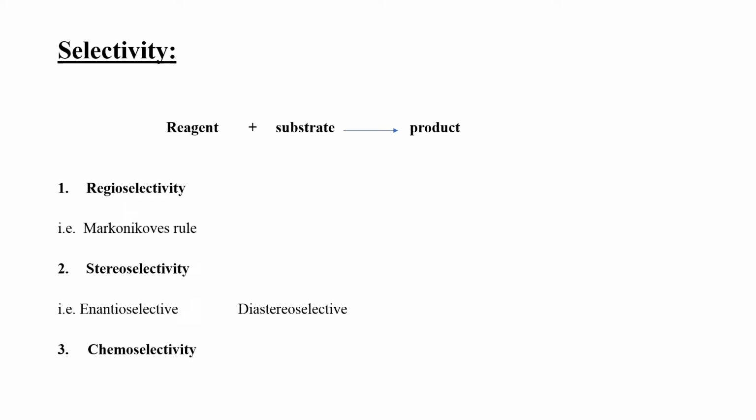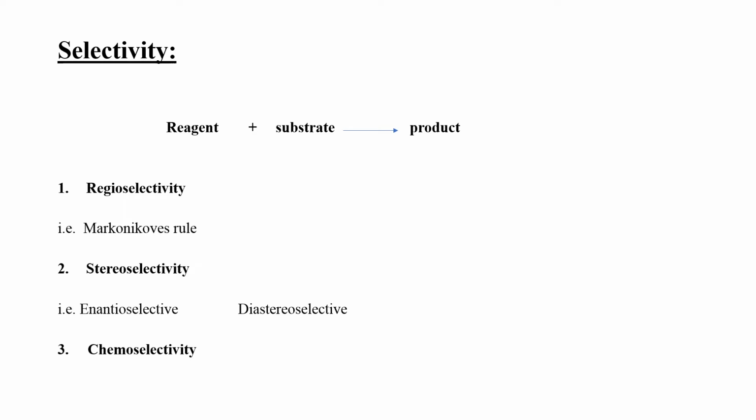Selectivity. Most organic molecules contain more than one functional group, and most functional groups can react in more than one way. So most organic chemists have to predict which functional group will react, where it will react, and how it will react.